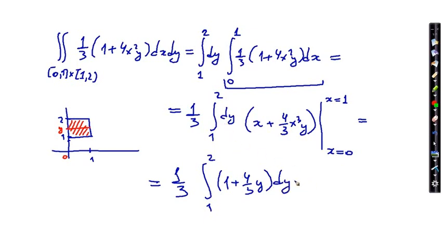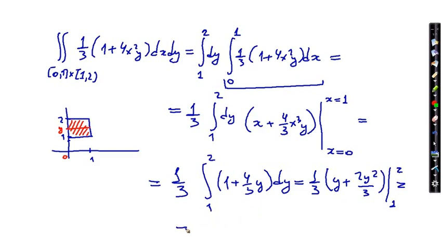dy. Now it is easy to calculate this integral. Integrating with respect to y, I will have y plus 2y squared over 3. So y squared over 2, I will cancel that 2, and y is from 1 to 2.